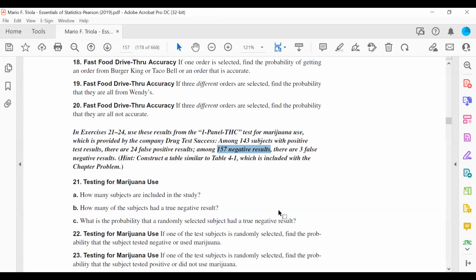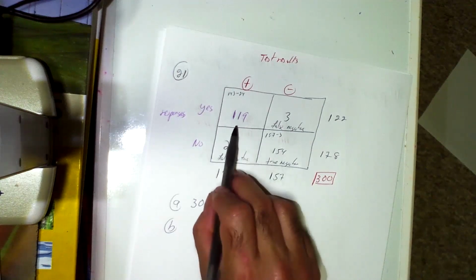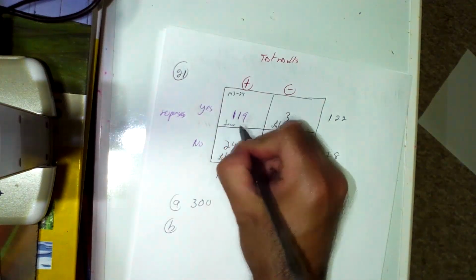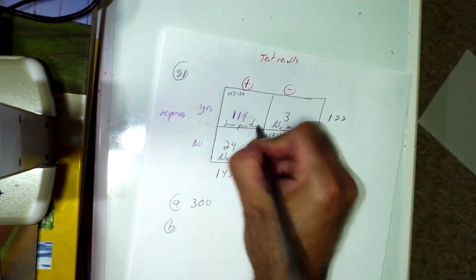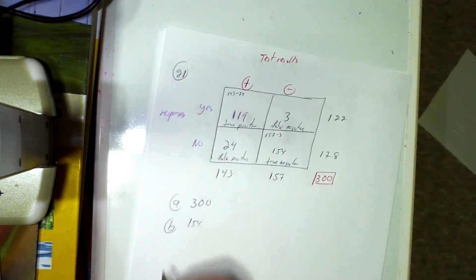True negative. Where was the true negative? I believe the true negative was this box. The 154 is your true negative, and this is your true positive. That's B.